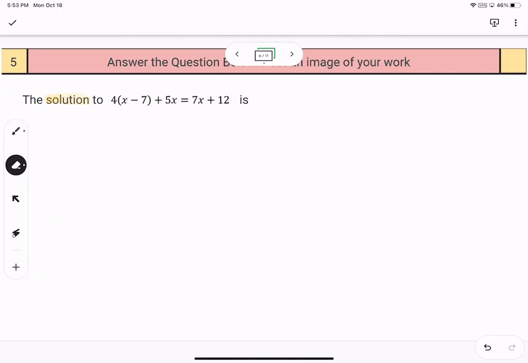We're going to multiply and distribute 4 times x, that gives us 4x, and 4 times -7, that gives us -28. Then we're going to bring down everything else. Plus 5x is equal to 7x plus 12.